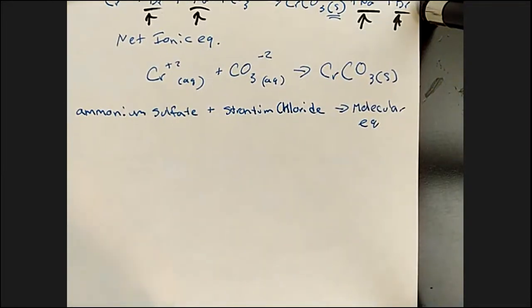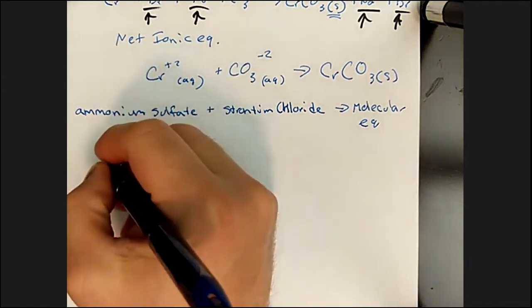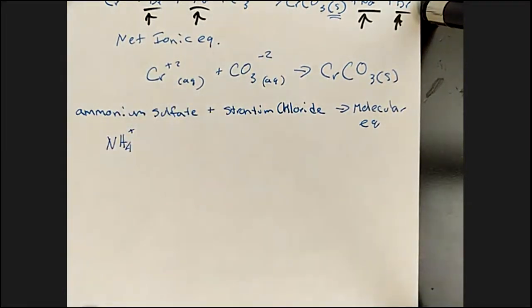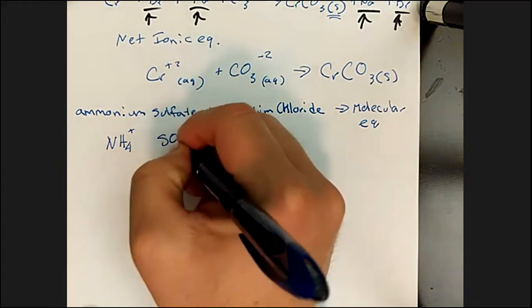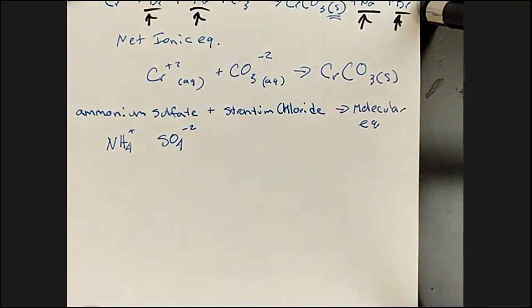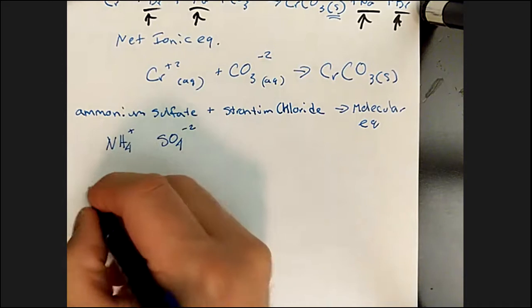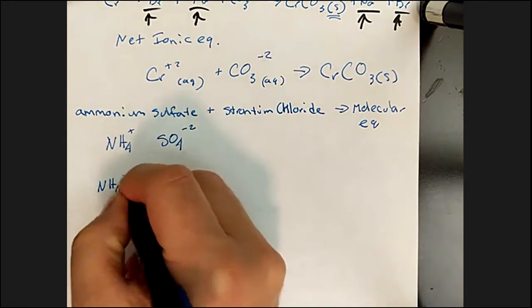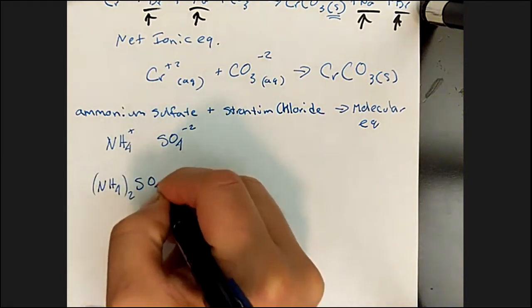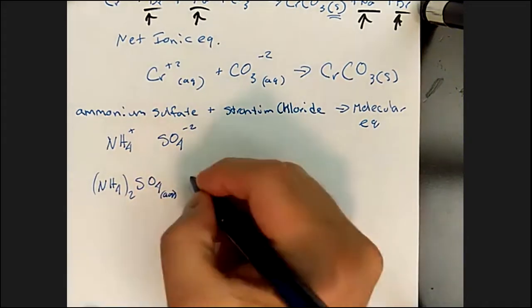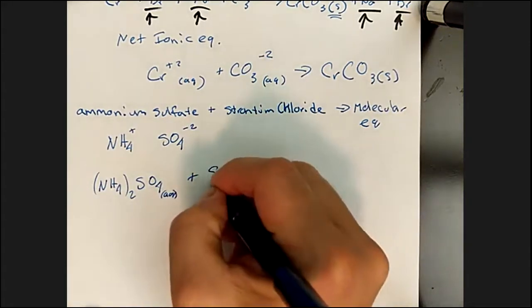So we have to first write down what these molecules are. So ammonium, and sulfate, and so our drop and drag making molecule, we have strontium.